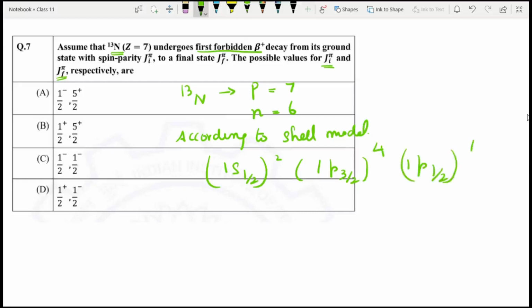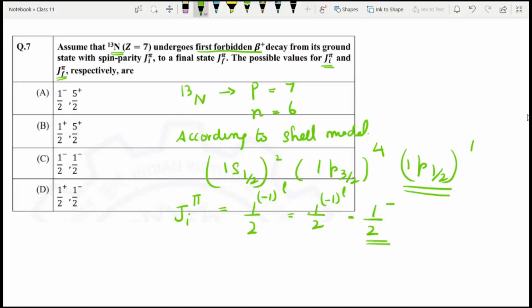So this corresponds to the ground state. So the initial state J pi: J value is 1/2 and pi value is minus 1 to the power L. Here L value is 1, so minus 1 to the power L gives 1/2 minus. So this is the initial state.